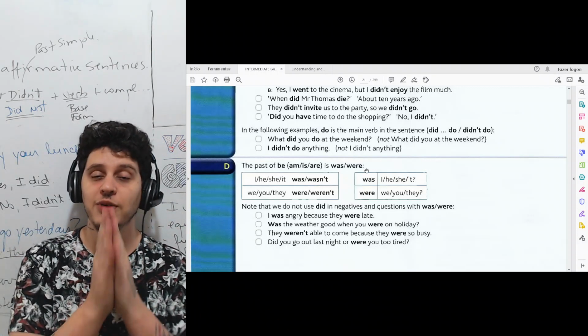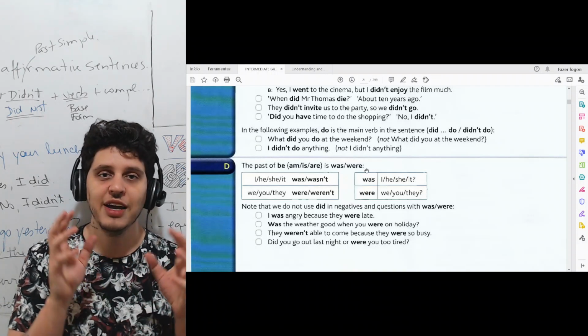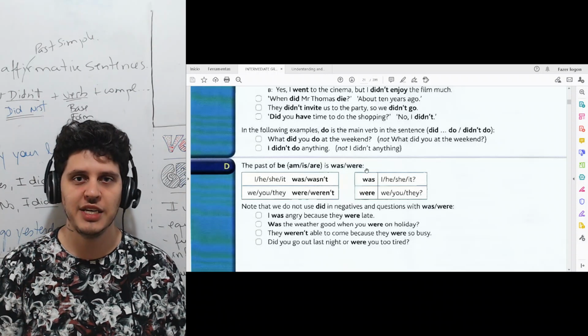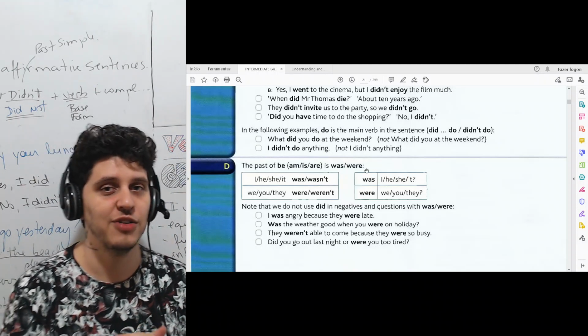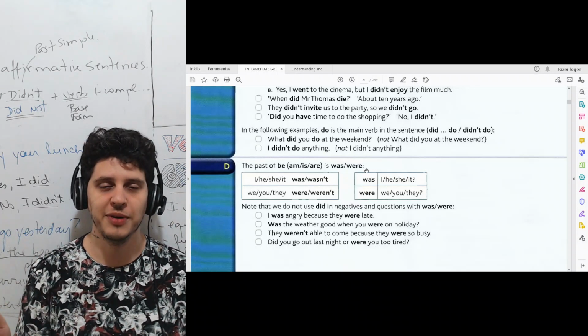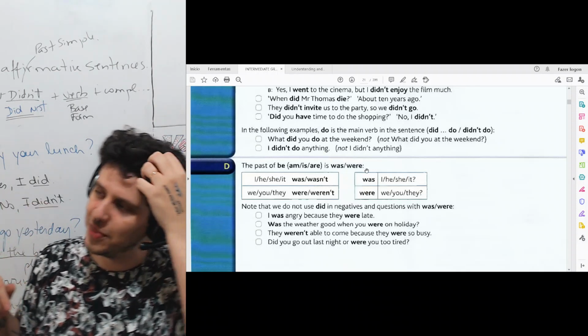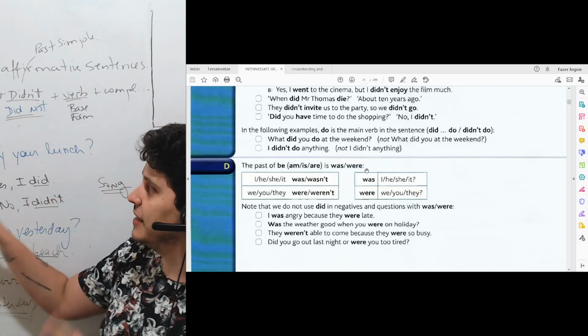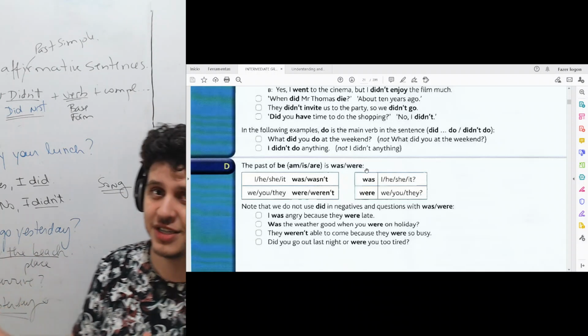What you really need to be attentive to now, because many students make mistakes, is confusing verb to be with did, the same way that you probably confused verb to be with do in the beginning of the present simple process at the beginning of the basic course. So guys, if you've got verb to be, you know that the story is totally different, right?